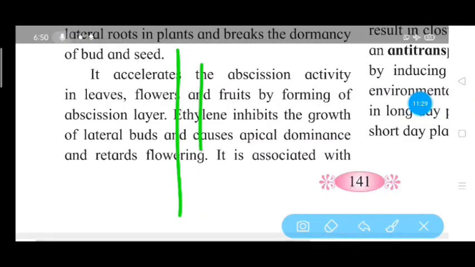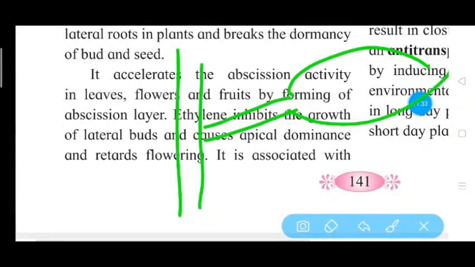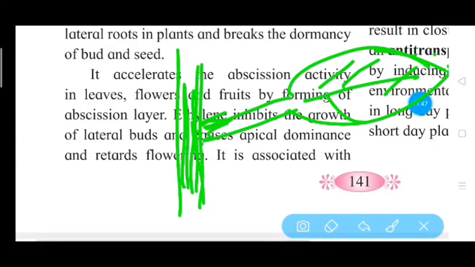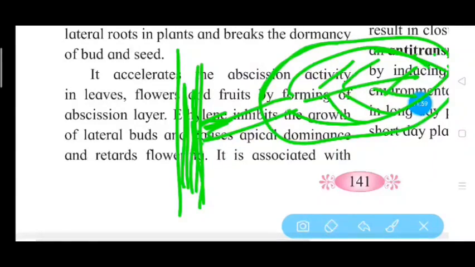Suppose that this is a stem and here the leaf is there. Suppose in summer season, to prevent excess loss of water, to minimize the transpiration process, it has to cut down the leaf.